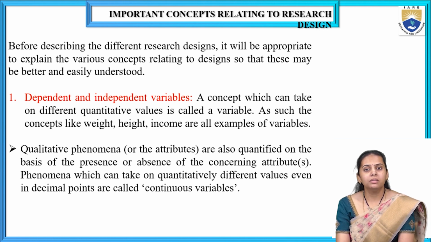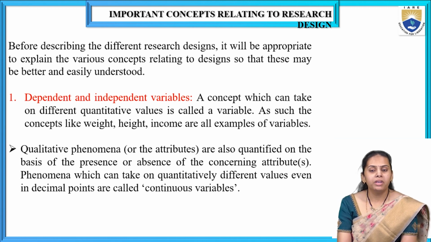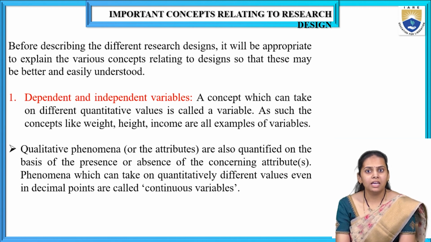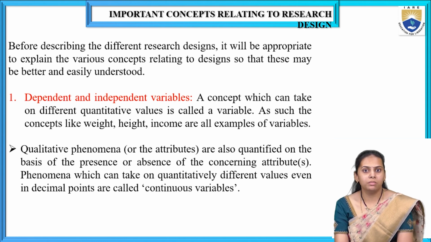Concepts like weight, income, and a few other examples. Qualitative phenomena can also be quantified on the basis of presence or absence of the concerning attribute. Phenomena which can take quantitatively different values, even in decimal points, are called continuous variables.